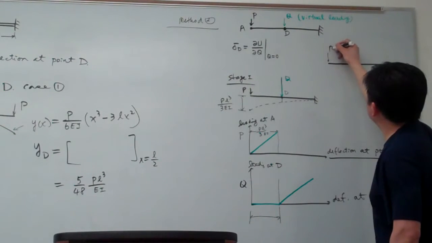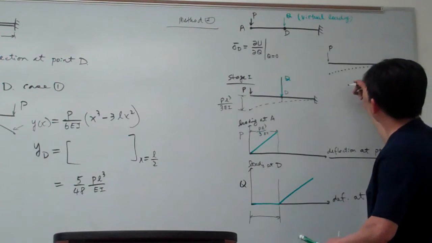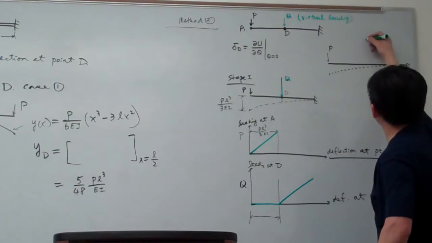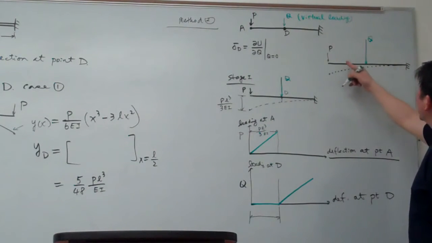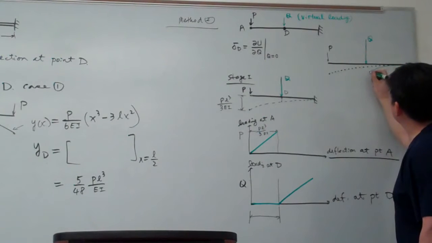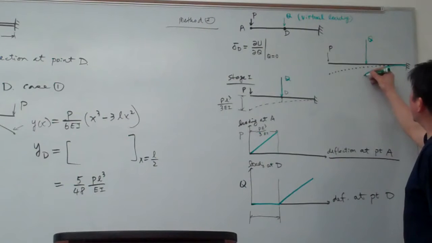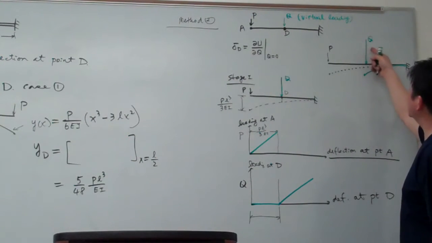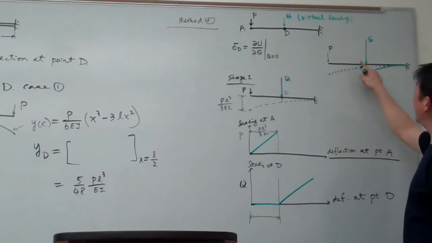So this is stage 1. So let me draw this one. And stage 2 is here. The application of the Q is going to deform the beam, and in addition to this deflection, let me draw using a green line here. From here to here will be curved, and then to this point, because you see the application of the Q, the influence of the Q to the whole beam will make this portion always a straight line.